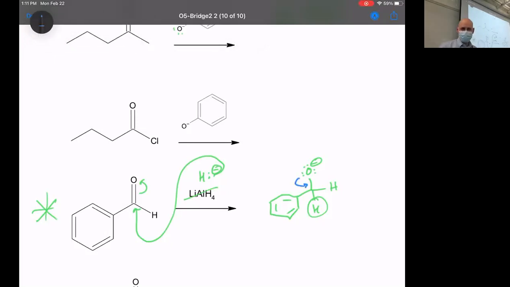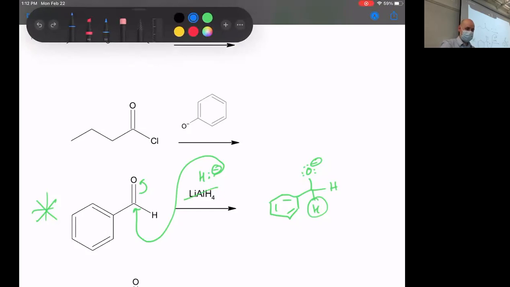If these electrons swing back down, it can't just do that because that would make 5 bonds to a carbon. So what are its options for kicking off of this carbon? Hydrogen, hydrogen, or carbon? Are any of those remotely stable with a negative charge? No. Are any of those remotely good leaving groups? Not at all. So there's no reason it can come back down again. It's stuck, so that will not ever happen. And that's why we're done.